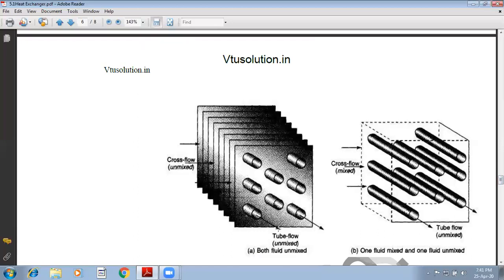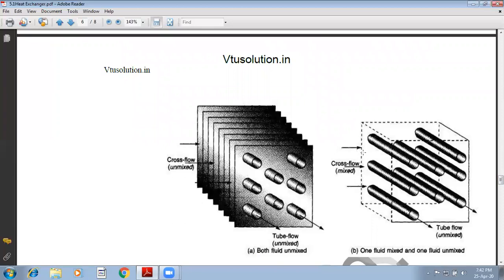Again, there could be both fluid unmixed as well as one fluid mixed and another fluid unmixed. The difference is that when we say both fluids unmixed, this stream is entirely different from this stream. There should not be a cross flow of fluid B with another channel.